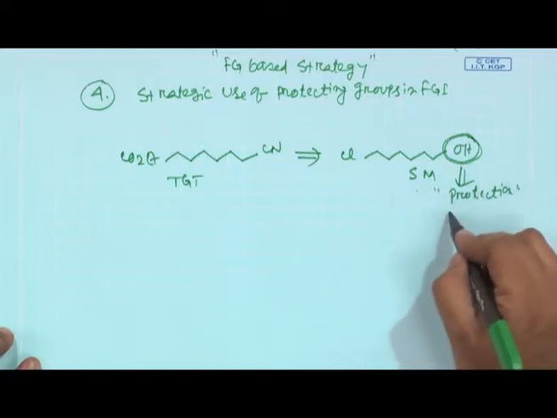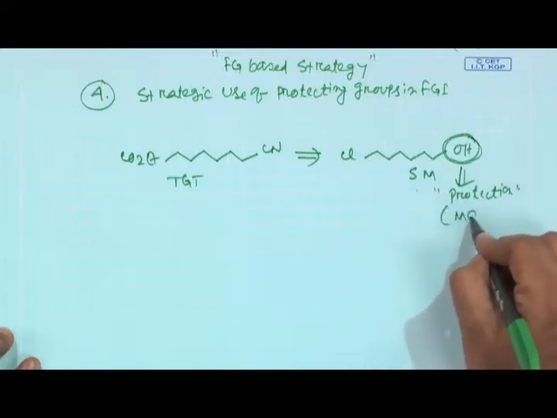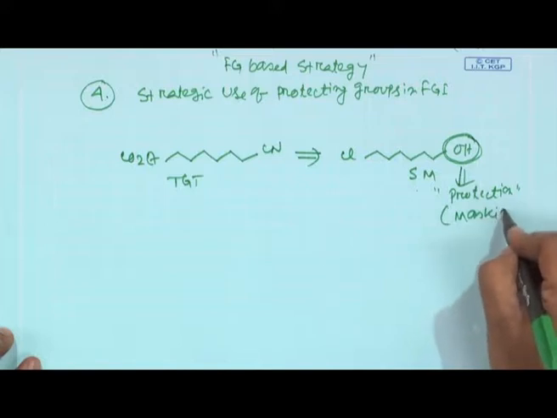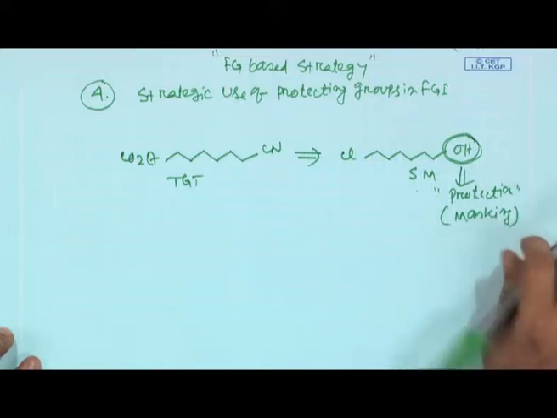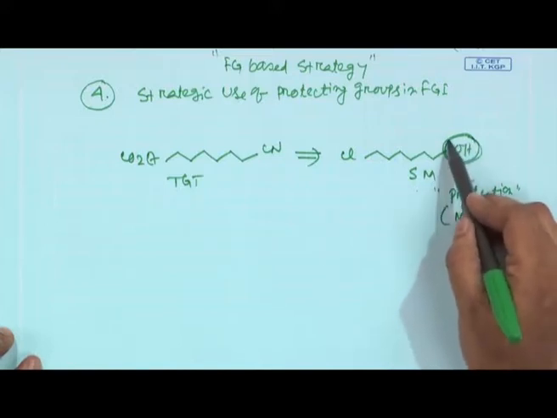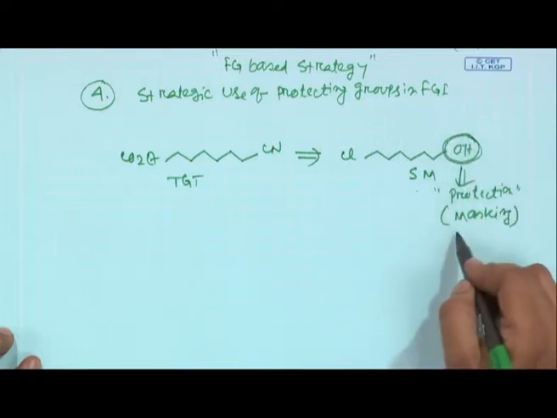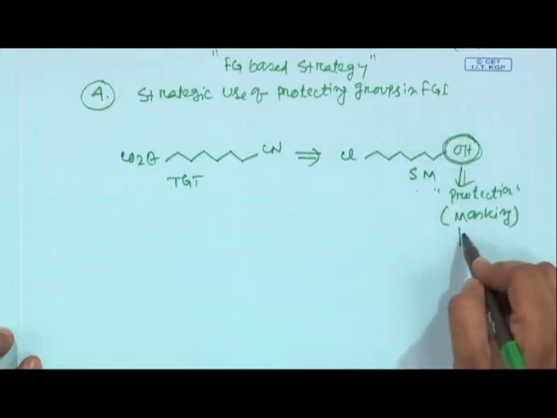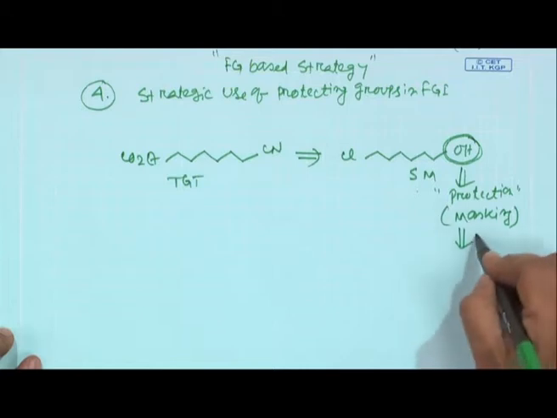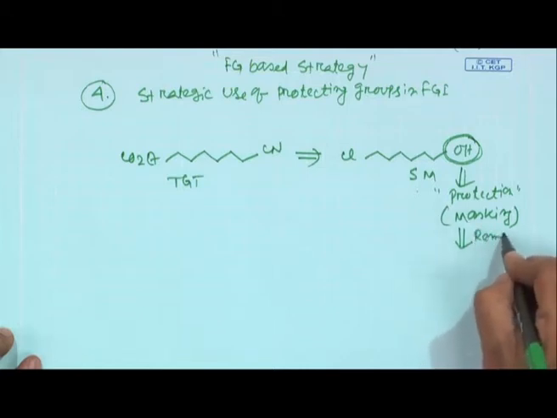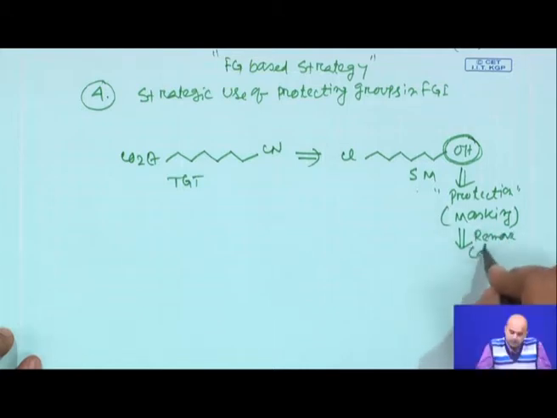In reality, a protecting group is basically putting on a mask, called masking. Basically, you are masking the alcohol functionality with a protecting group, and once the synthetic transformation or FGI is done, you remove the protecting group, which can also be called demasking. So, this terminology sometimes helps.